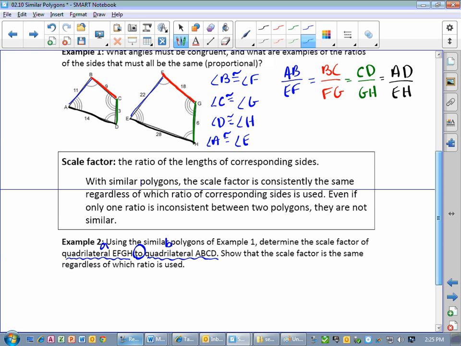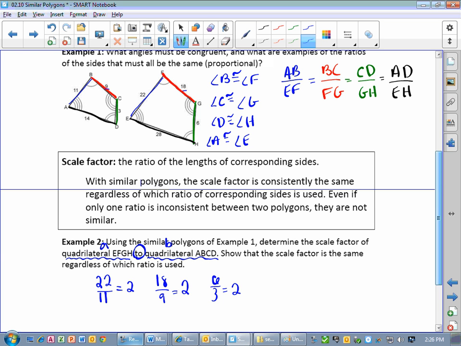So we would have 22 to 11. Now, what is 22 divided by 11? Now let's do FG to BC. So we'd have 18 over 9. 18 to 9 gives us 2. 6 to 3, well, 6 divided by 3 is 2.